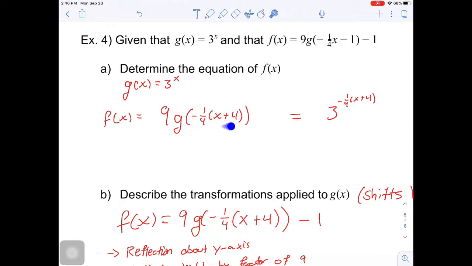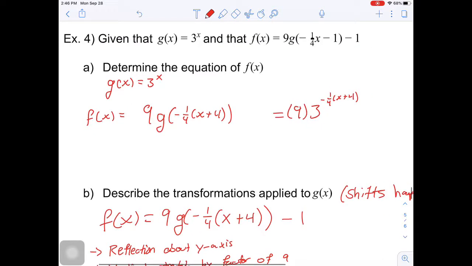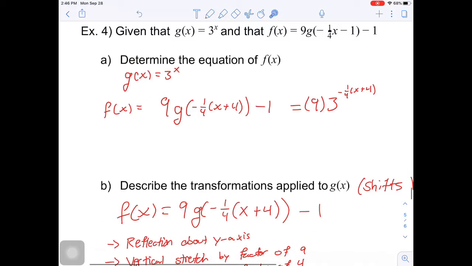This whole thing is represented by this expression, so I'm going to multiply 9 by this whole thing. So this will be 9 times 3 to the power of -1/4 (x plus 4). And then lastly, we have to subtract 1. I am subtracting 1 from this whole thing. So there is our equation of f of x: 9 times 3 to the power of negative 1 over 4, (x plus 4), subtracting 1.